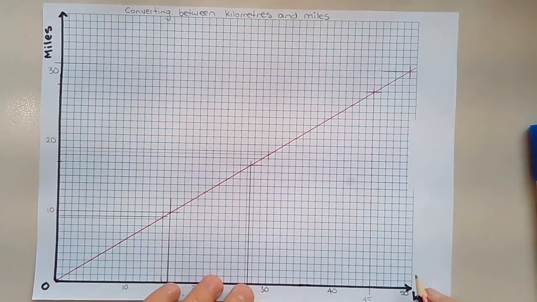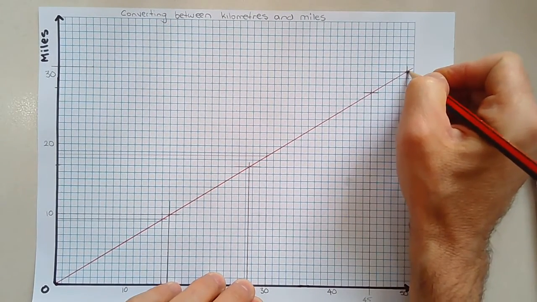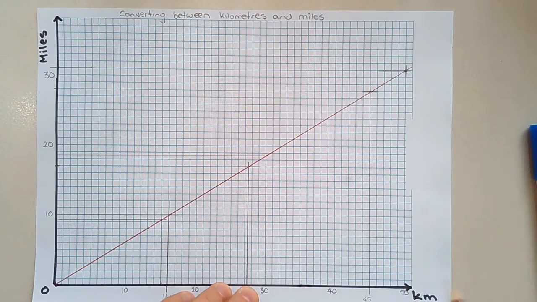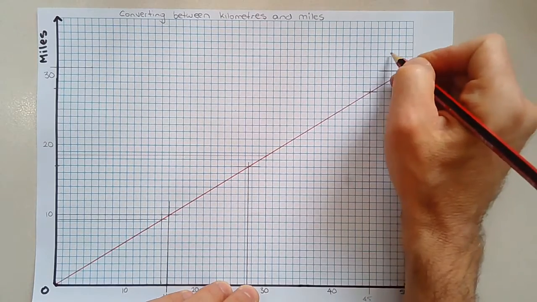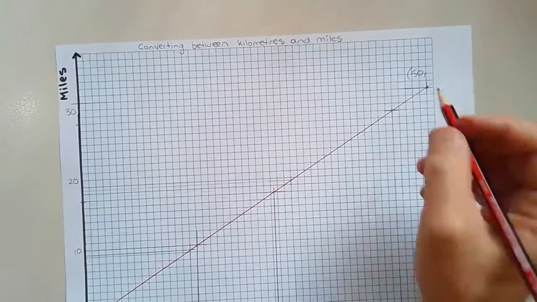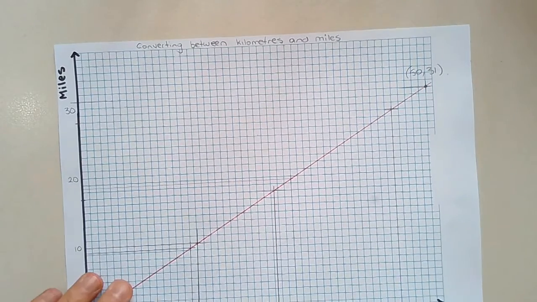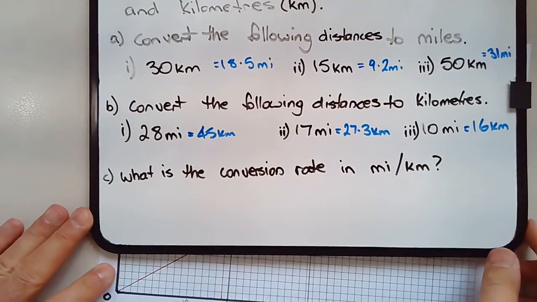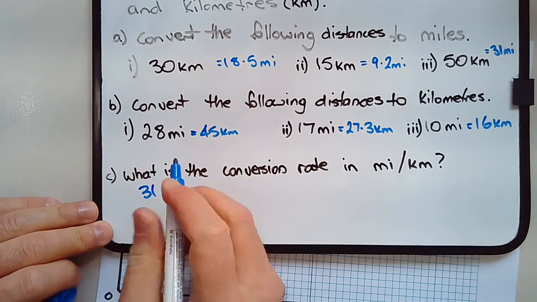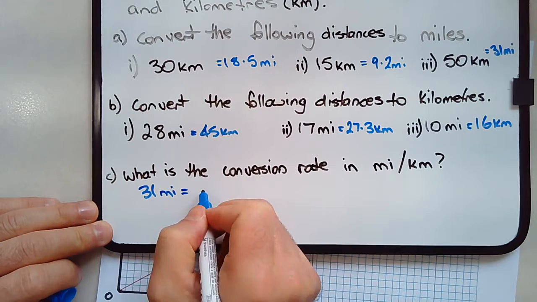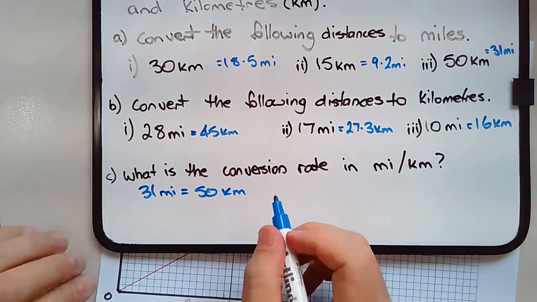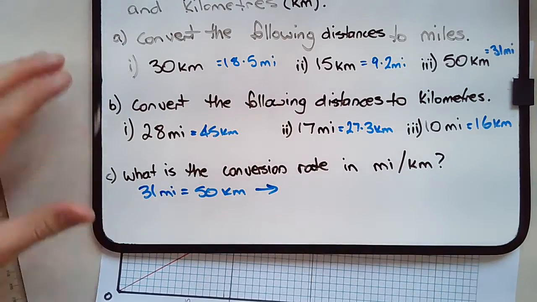I might pick this point here, because it happens to be, at least according to this graph, that 50 kilometers equals 31 miles. Or 31 miles equals 50 kilometers.